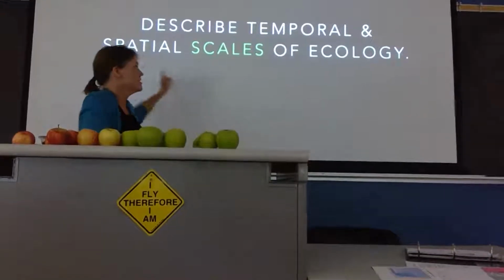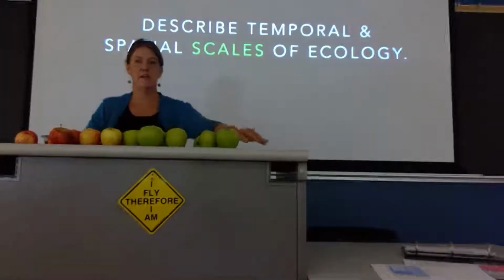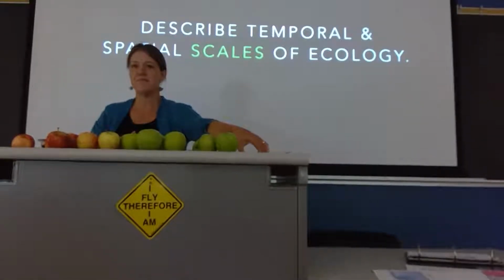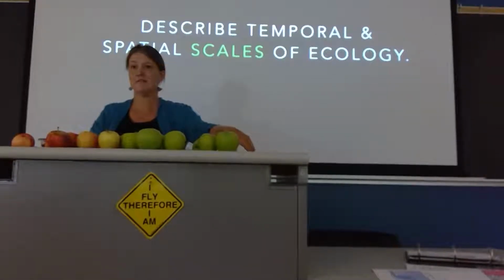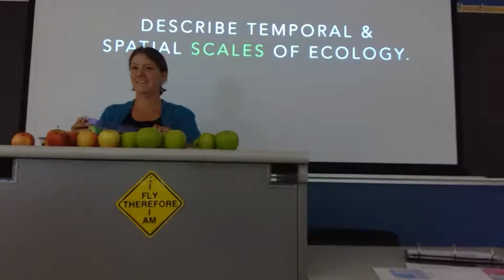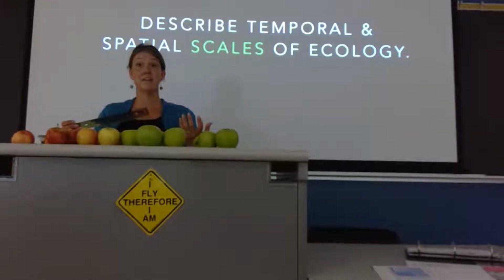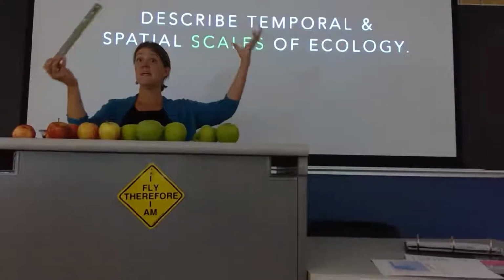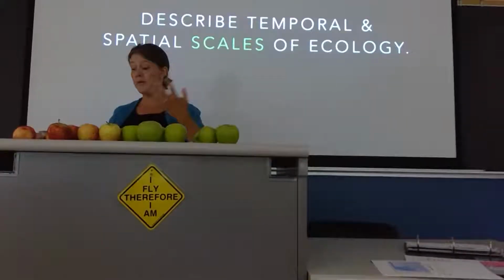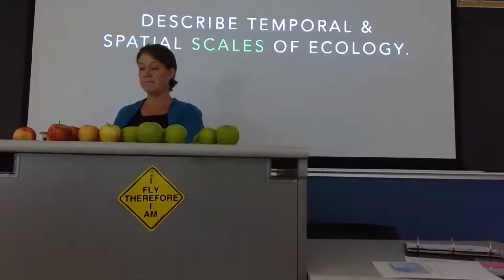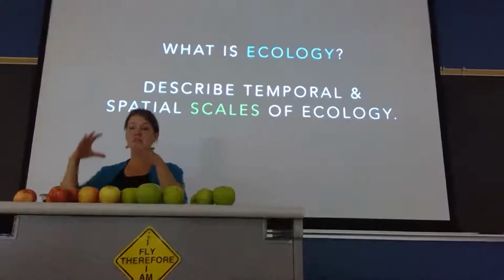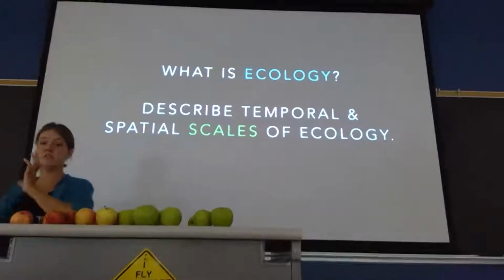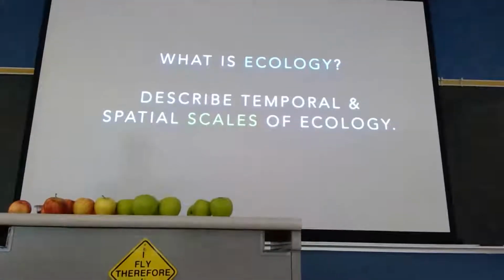So what are some different spatial scales then that we can look at in ecology? Biomes and ecosystems and communities. Good, and those are the big spatial scales, okay? Those are big geographic regions that are going to have the same biome or the same ecosystem. It starts to get smaller geographic regions when we talk about specific communities, okay?